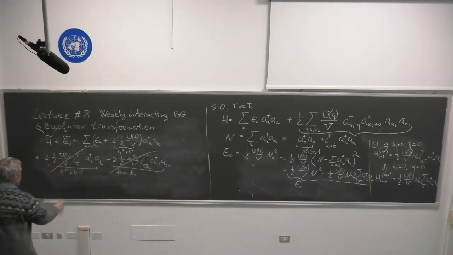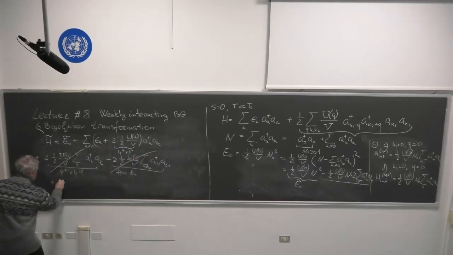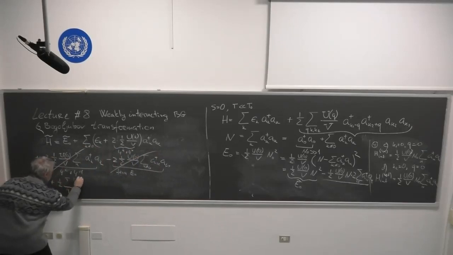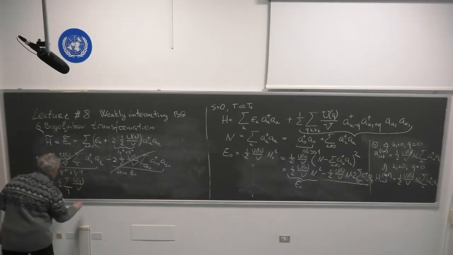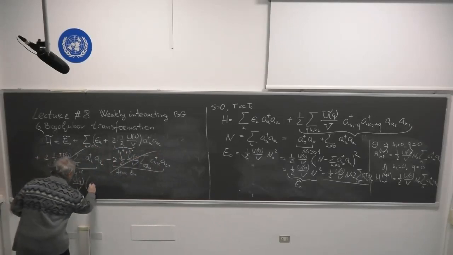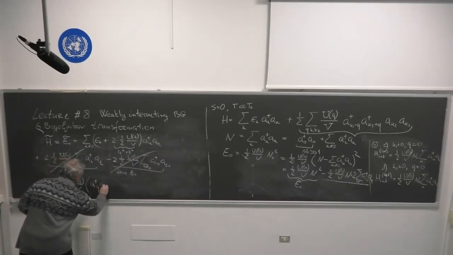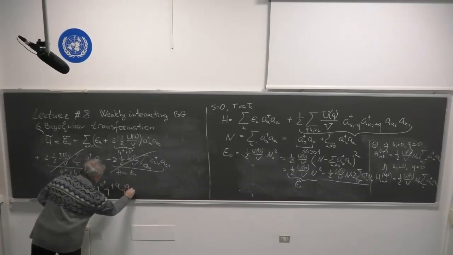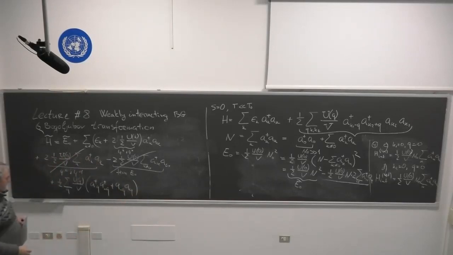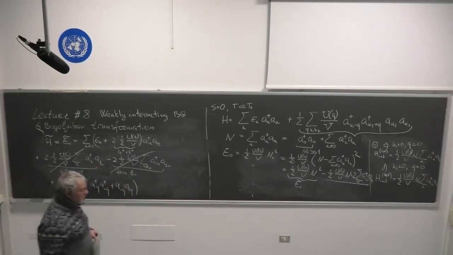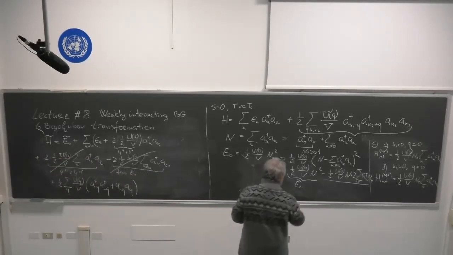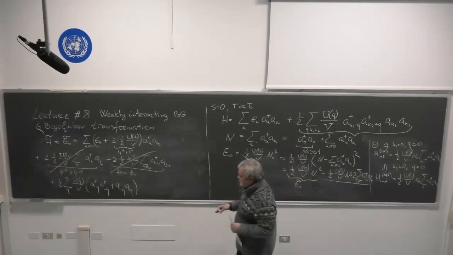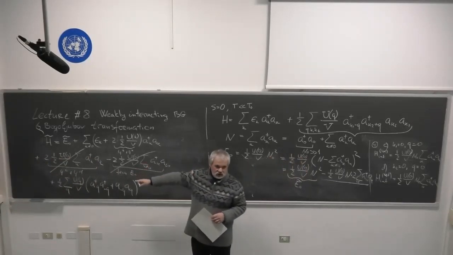And what remains are two terms plus 1/2 sum over q, U q over V, and I have terms a dagger q, a dagger minus q, plus a minus q, a q. Okay, so as you see with this trick, we get rid of the potential considered at zero momentum.